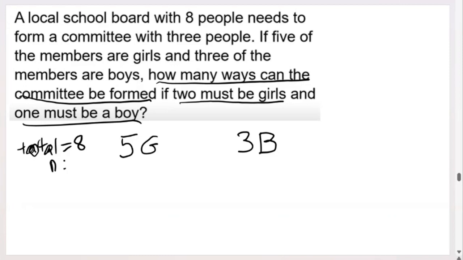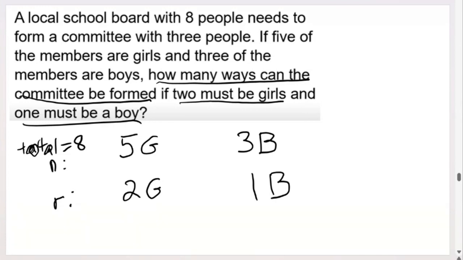So now you need 2 girls, and then 1 boy. This is your R, this is choosing from that. But now the question is, so what? What do I do with this question?